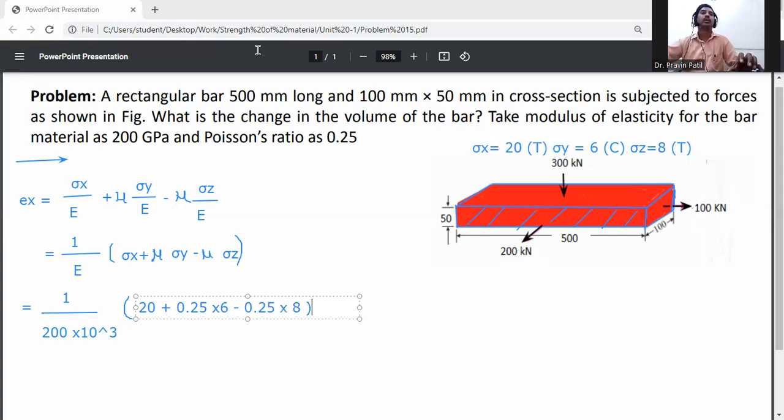So Ex, the strain in x direction, is equal to 20 plus 0.25 into 6 minus 0.25 into 8 divided by 200 into 10 raised to the power 3. It will be 9.75 into 10 raised to the power minus 5. So this is the strain in x direction.